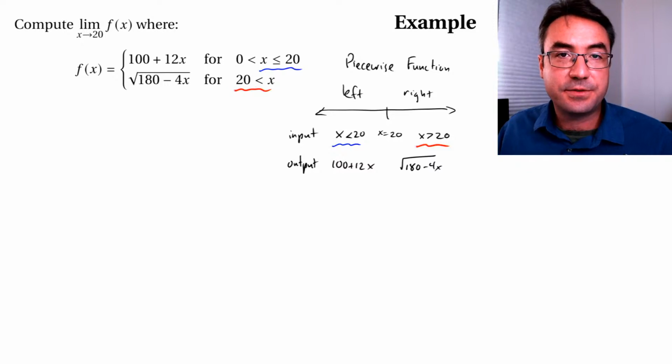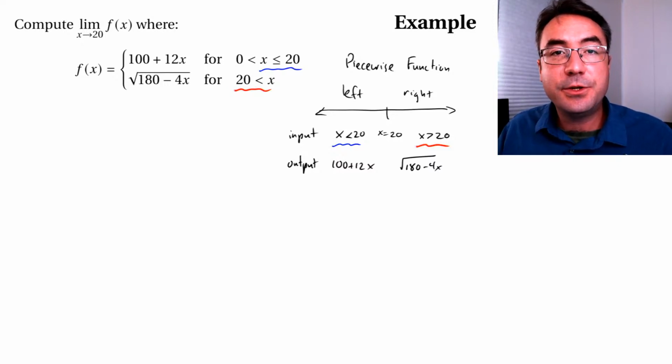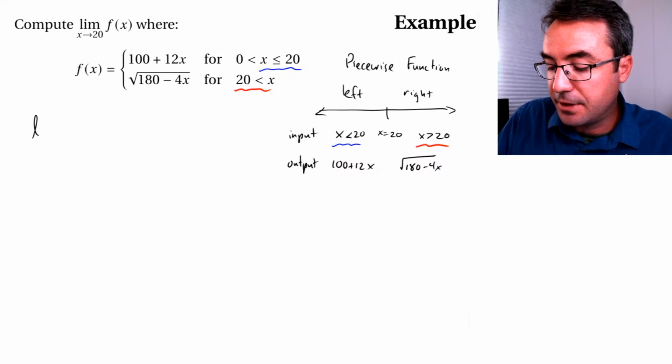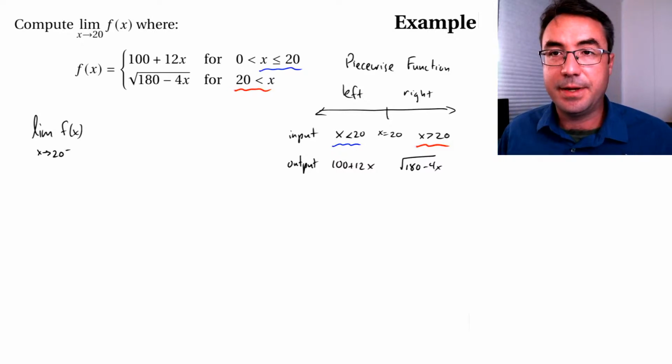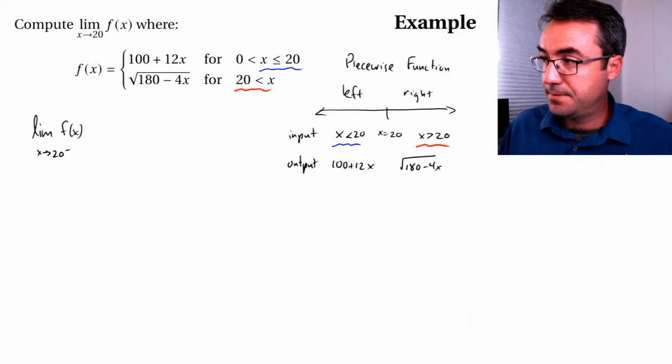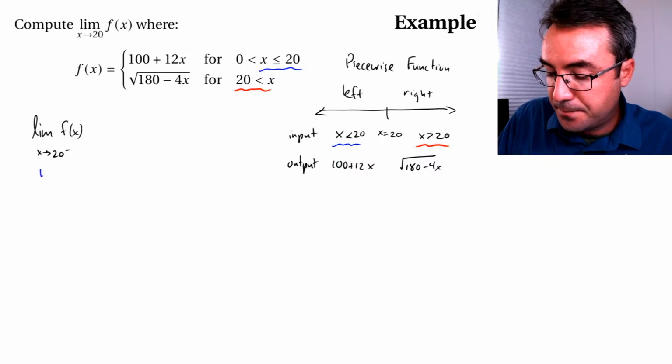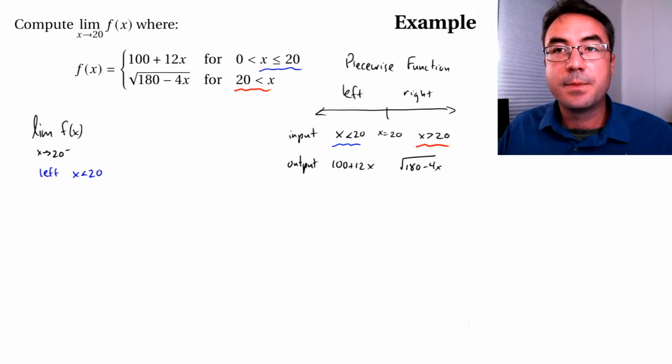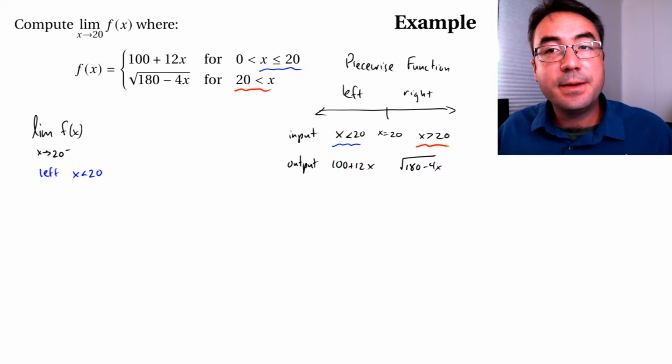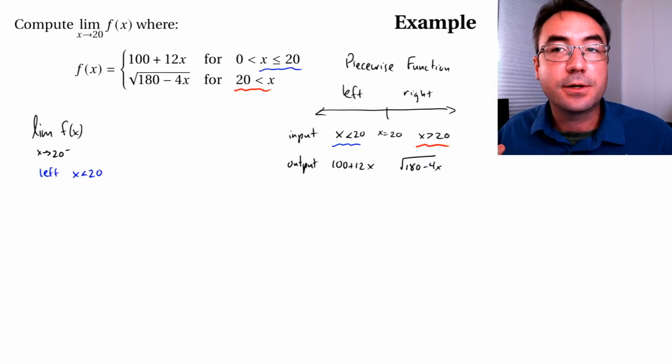All right, so let's calculate the limit of this function as x goes to 20. And for piecewise functions, the way we do that is by breaking it down into the left-hand limit and the right-hand limit. So let's start with the left-hand limit, 20 minus. This is our left-hand limit, and this happens when x is less than 20. So we're getting closer to 20, but with numbers that are slightly smaller.